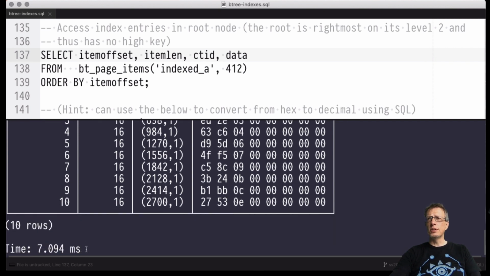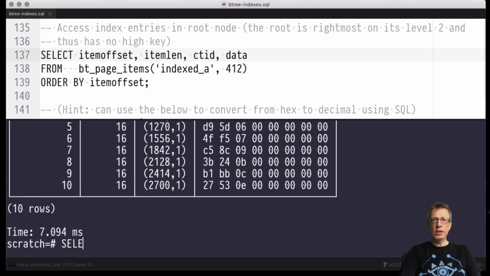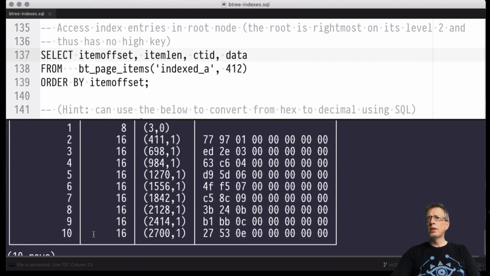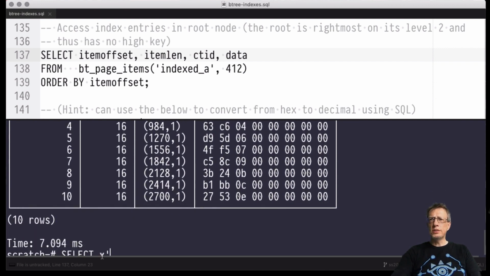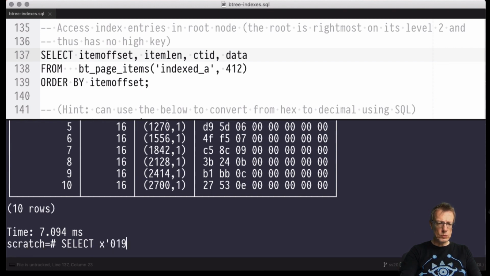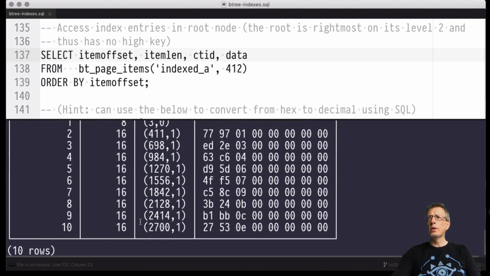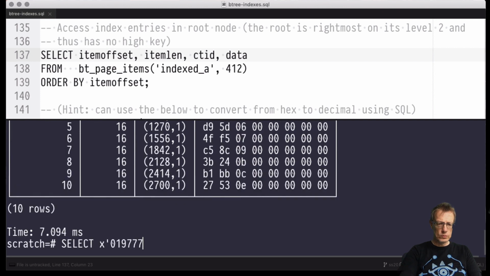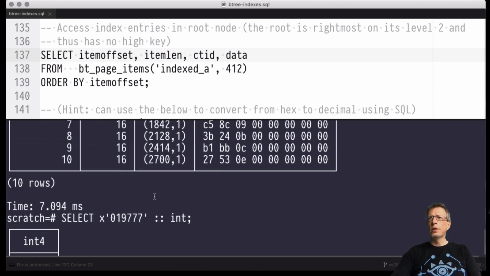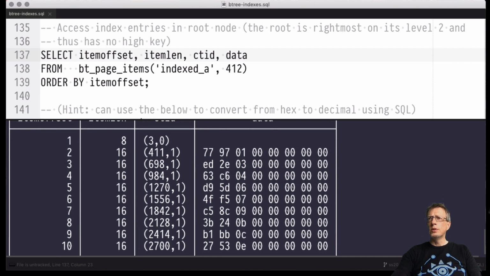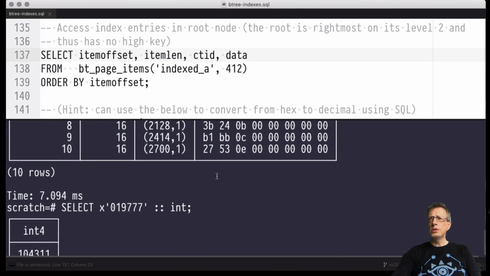So let's use SQL itself again to decode that value. That's hexadecimal, and it's 0197 9777. And 032EED.